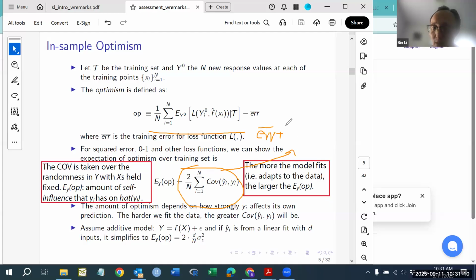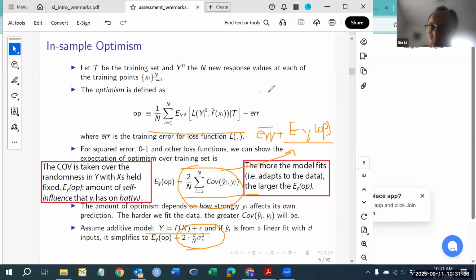So that is the expected value of OP. And you may ask, how do we find that out? We can find that out by using this formula. Also, if the model is additive, just like this assumption, then we can show that the expected value is equal to this.